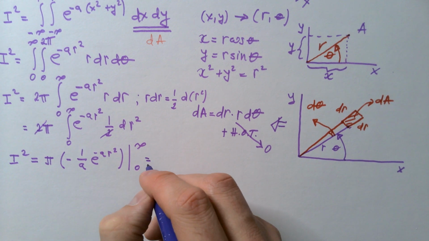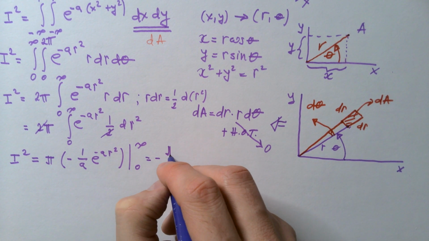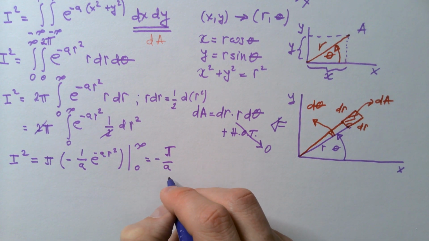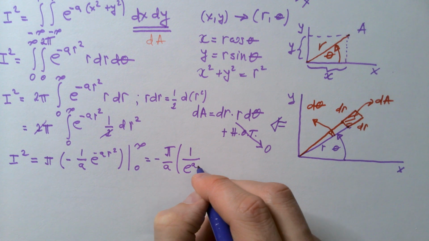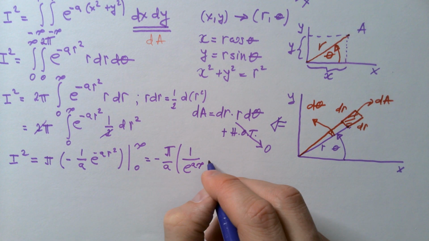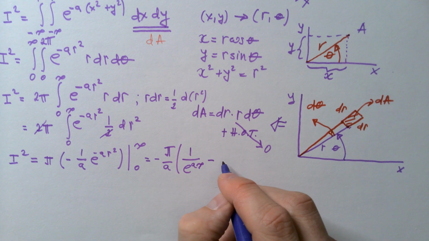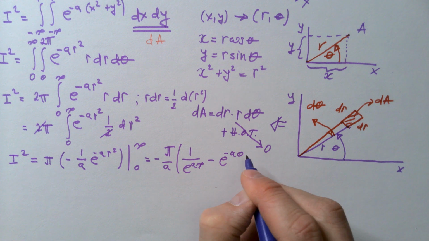And that I can further write as negative pi over a times 1 over e to the a infinity squared, but that's still infinity, minus e to negative a times 0.